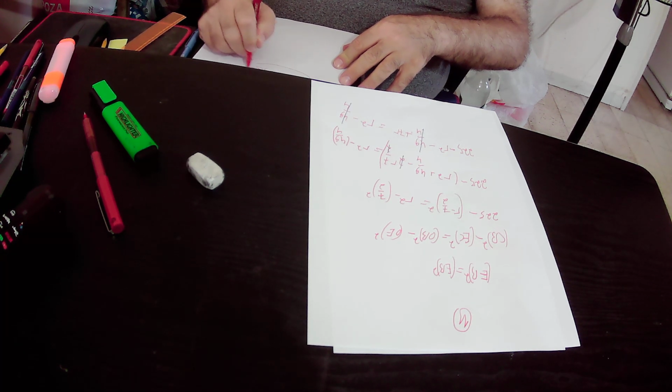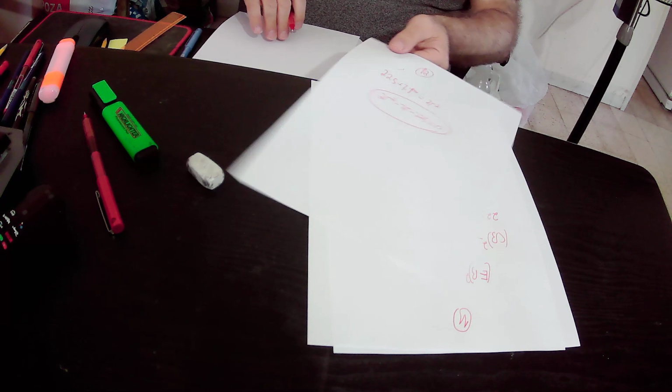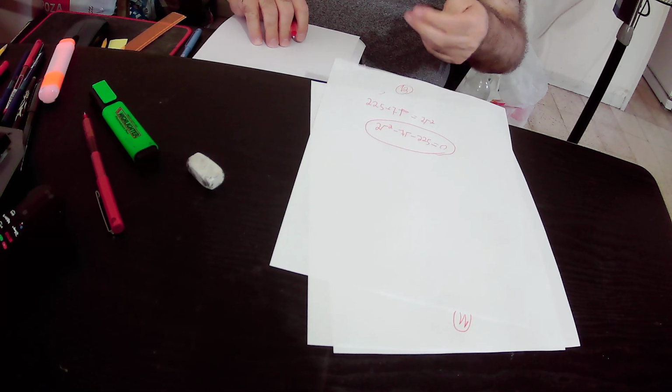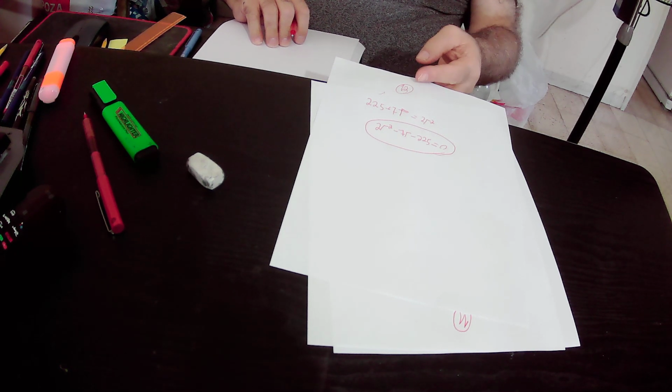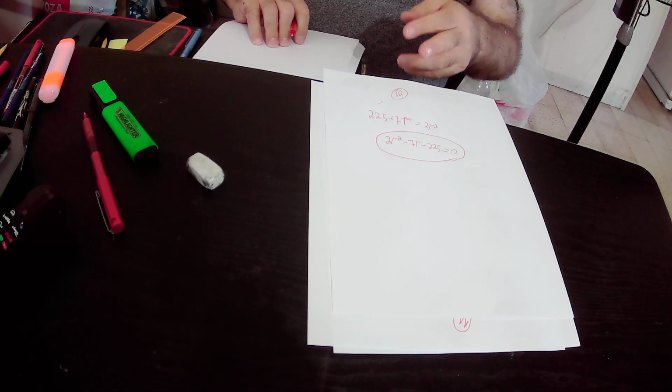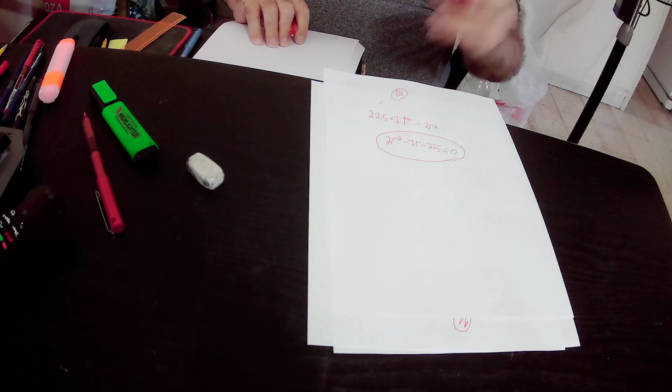So we have this quadratic equation. It states that 2 times the radius square minus 7r minus 225 equals 0.